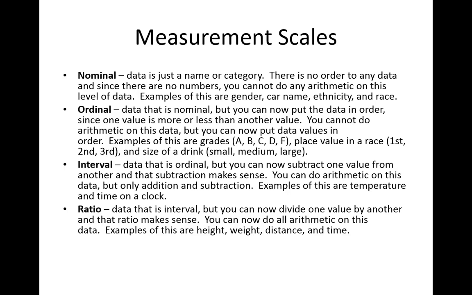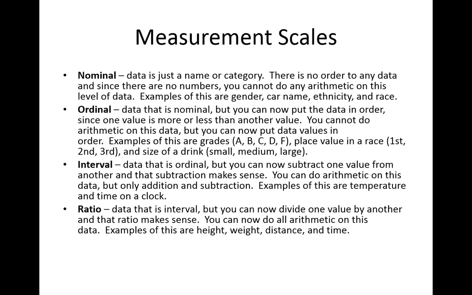And then to go on with the ordinal, we can put the data in order since one value is more or less than another value. You cannot do arithmetic on this data, but you can now put data values in order. Examples of this are grades, A, B, C, D, and F, place in a race, first, second, third, and the size of a drink, small, medium, and large.